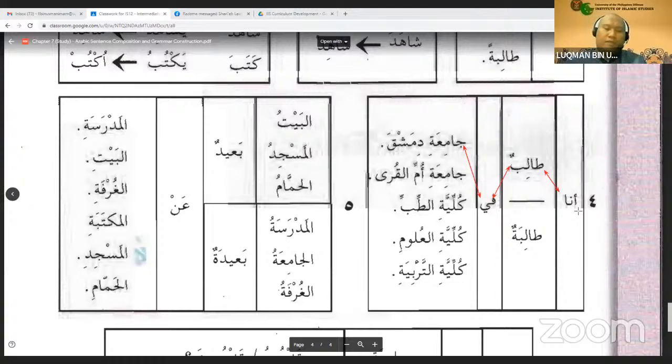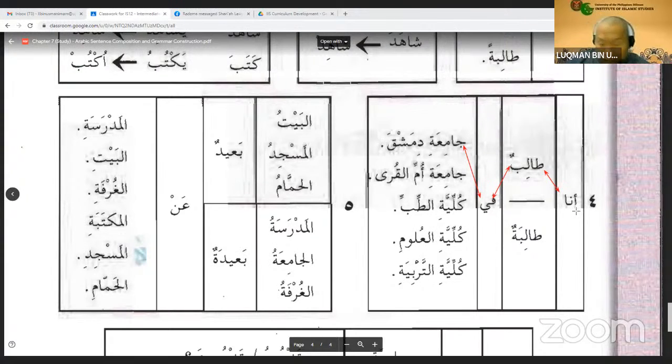I am a student of the Institute of Islamic Studies, University of the Philippines. I am a student of the University of the Philippines. I am a student in the Institute of Islamic Studies.